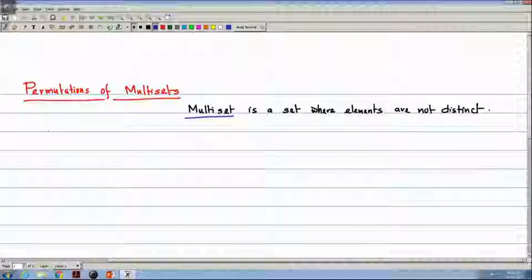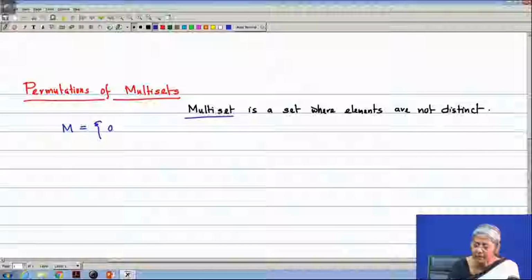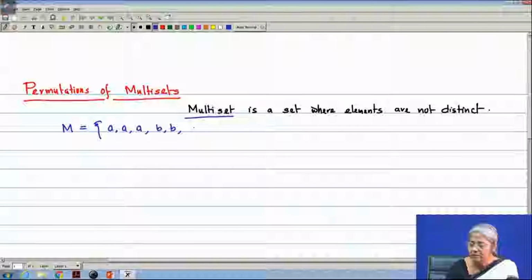So, I take one example, say M is a multiset, and M I can write, say I have A, there are 3 A's, 2 B's, then 1 C, and say 4 D's.